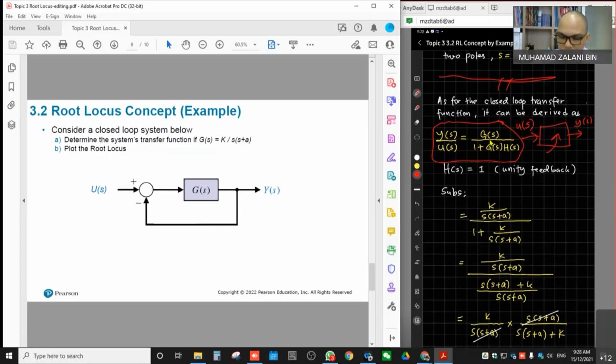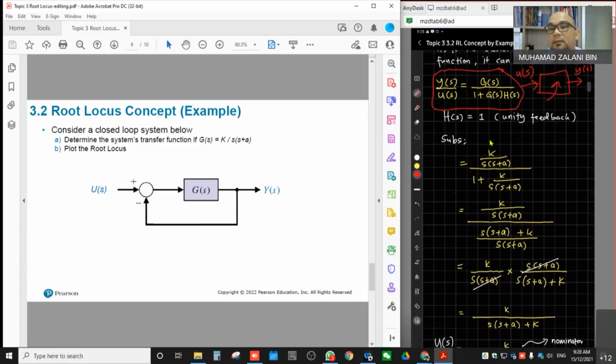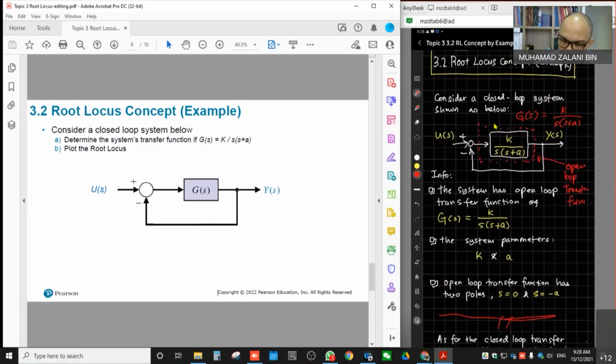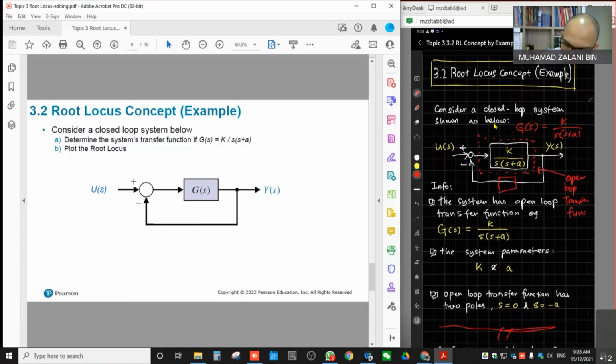Since this is a unity feedback control system, H(s) is 1.